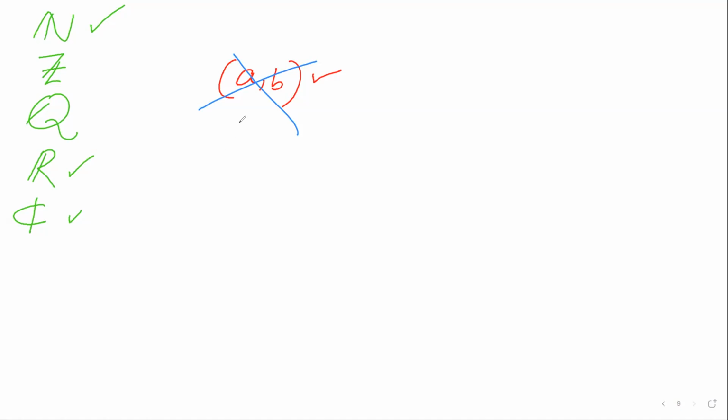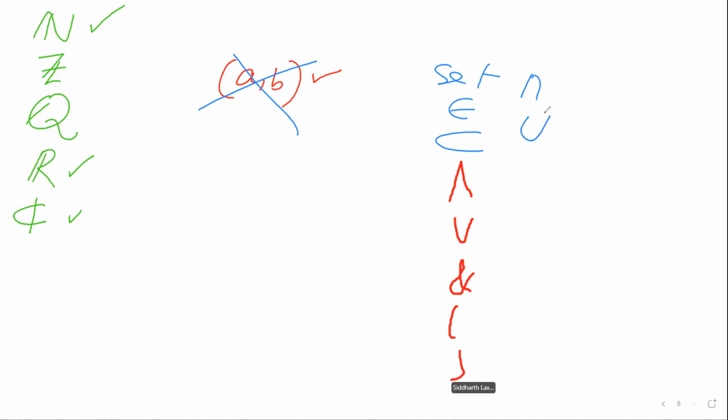You are saying that everything is a set in set theory. All you have is set, you have membership, you have this subset. What is this? And you have an intersection, and you have union, and you have equality.